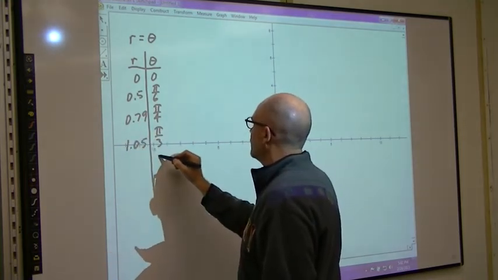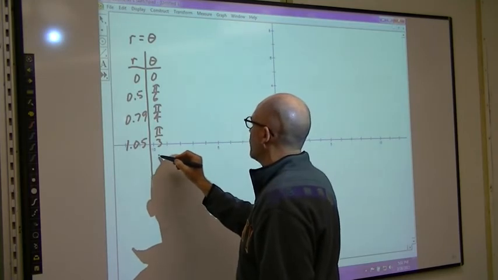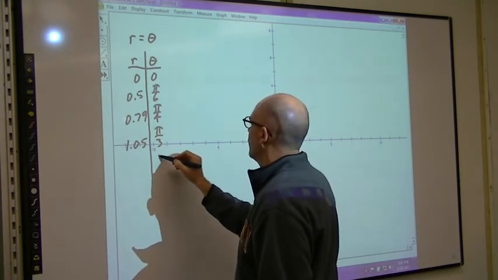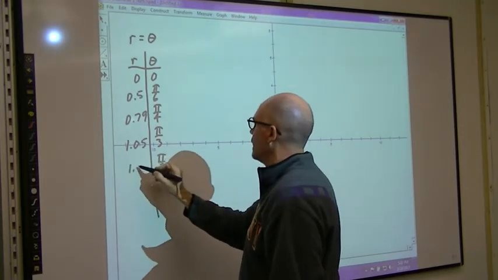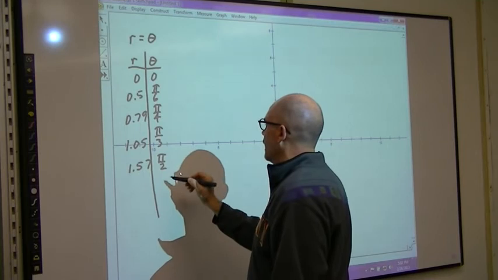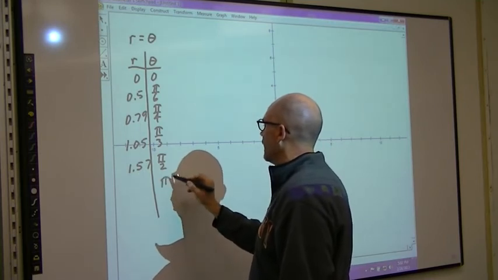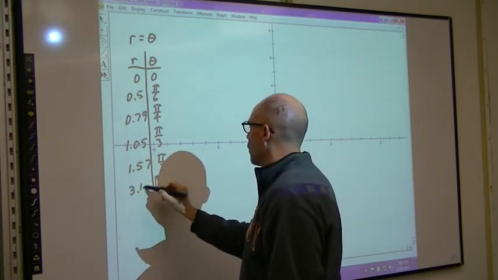When theta is, we'll skip to pi over 2, we've got 1.57. Theta becomes pi, and that's 3.14.